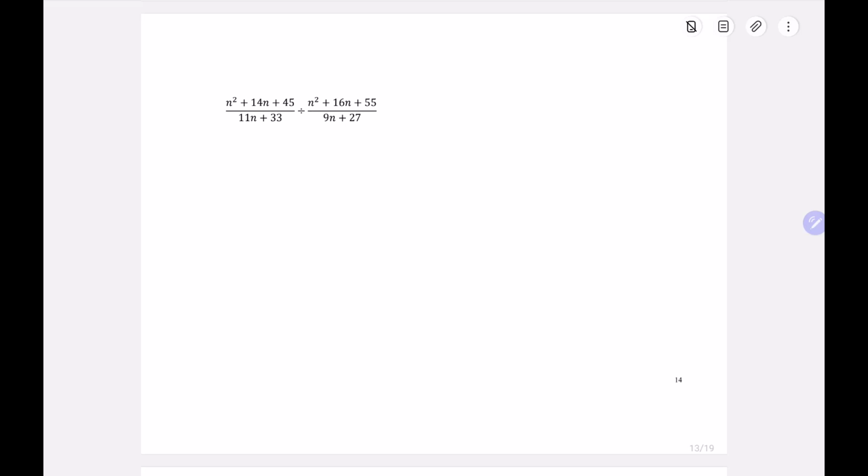First, I would find all of your factored forms. For A, we have n squared plus 14n plus 45, and we can write the factored form as n plus 9, n plus 5. For B, we have 11n plus 33. If we pull out an 11, we're left with an n plus 3.